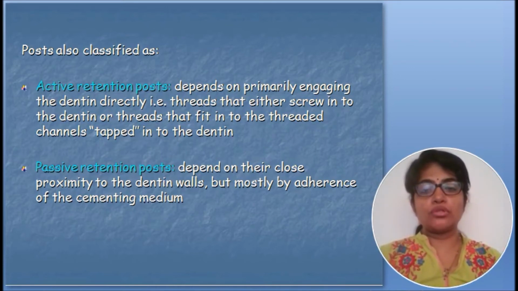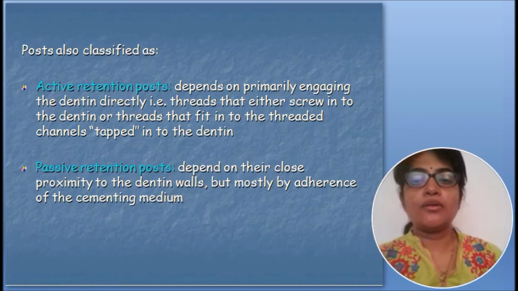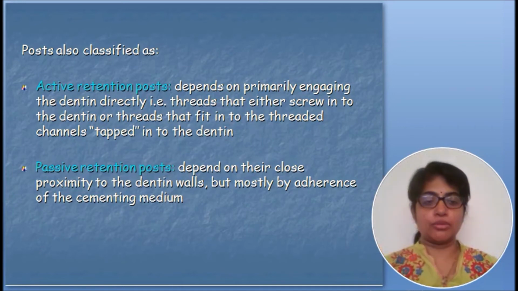Passive retention posts are in close proximity but they are not threaded. They mostly adhere by the cement. So threaded posts, as the name suggests, are active posts and should be avoided if there is very little remaining dentinal thickness. As far as possible, we should have passive retention posts.